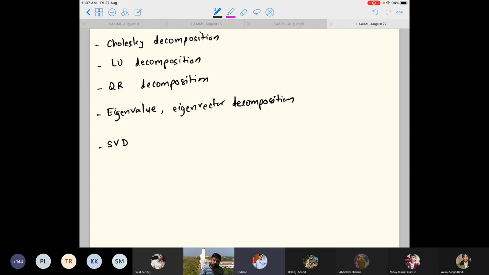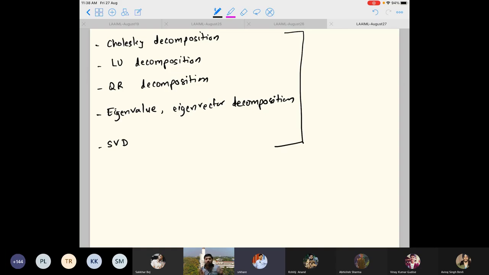Okay, these are the 5 important decompositions that you will encounter in any matrix algebra. These 5 decompositions are very fundamental in matrix algebra or linear algebra if you want to call it that. And these are the 5 important decompositions that will always come up in any data science or AI, ML, DL type of applications. Okay, so these are the type of decompositions that are really very important.